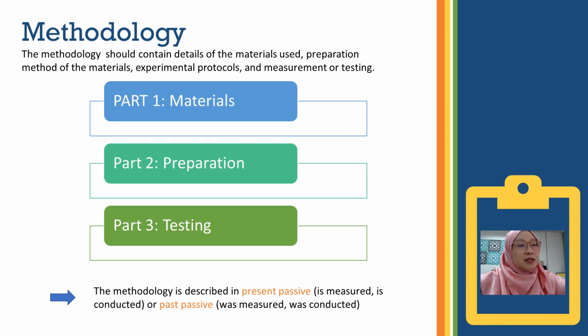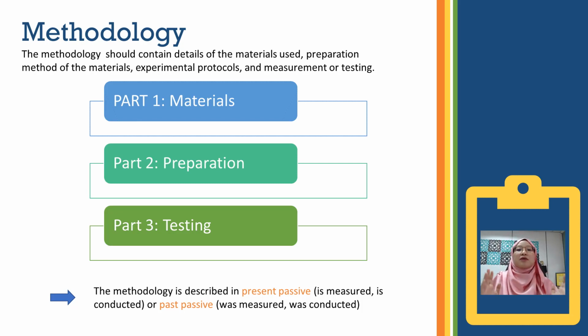All right. Okay, so the method consists of 3 parts. The first one is materials: list out all the materials, and then list out how to prepare the materials. There are some experiments that have sample preparation, so you need to list it down or write it in a very detailed manner. And lastly, testing. Usually after you prepare your material, you have your product, and then you need to do testing.